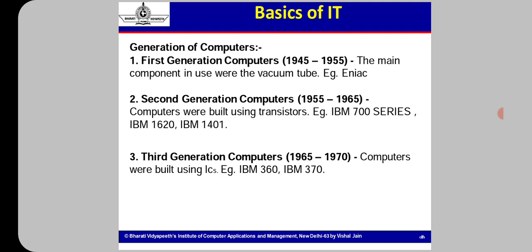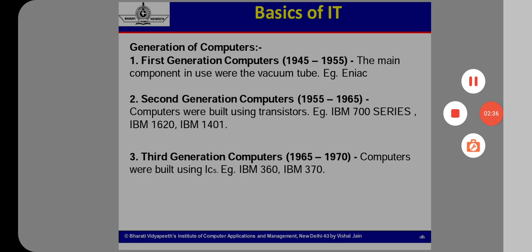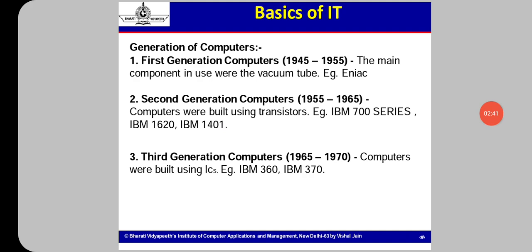And second generation computers are in the range of 1955 to 1965. And second generation computers are built with transistors. What is a transistor? It is an electronic device generally used to store a bit of information, that is either 0 or 1.